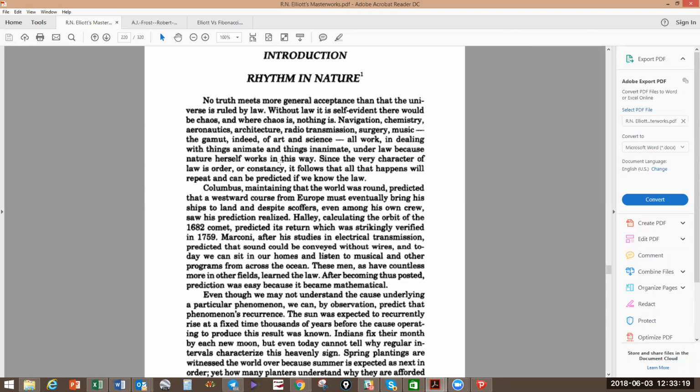All right, "since the very character of nature herself works in this way, since the very character of law is order or constancy, it follows that all that happens will repeat and can be predicted if we know the law." And that is what we're trying to do here, to understand the law that guides this phenomenon. So this is why the Elliott wave theory is so accurate, especially if you've got the right interpretation and you understand it correctly.